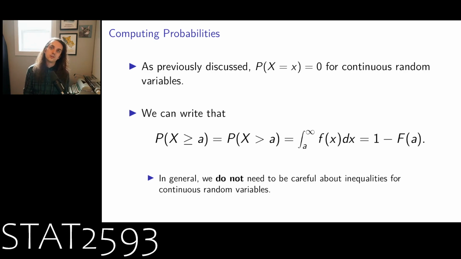So in general, when we're dealing with continuous random variables, we do not need to be careful about inequalities. We do need to be careful in the discrete case, where the probability that x is greater than or equal to a is not necessarily the same as the probability that x is greater than a. But as a general rule, we don't need to be careful for continuous variables.